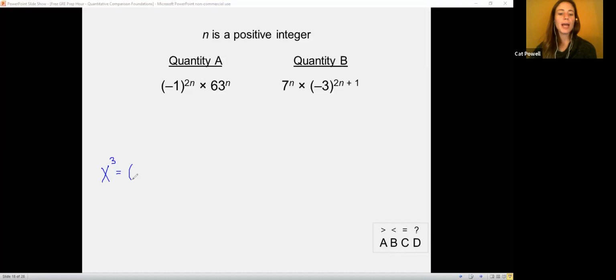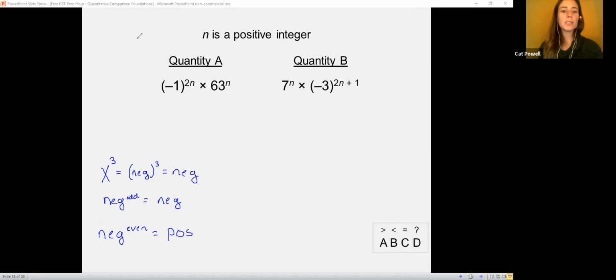And we saw when I had a negative number cubed, it was always going to be negative. And that's generally true. Any negative number to an odd exponent is always going to be negative. And the opposite is that any negative number to an even exponent is always going to be positive.